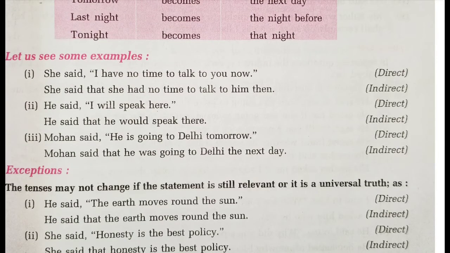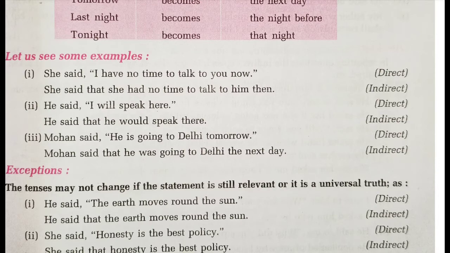She said, "I have no time to talk to you now." She said that she had no time to talk to me then. Actually, this should be me. When the person who is being addressed is not mentioned in the question sentence, then you have to consider that person as you yourself. So here they have used him, but I would suggest always make it me.